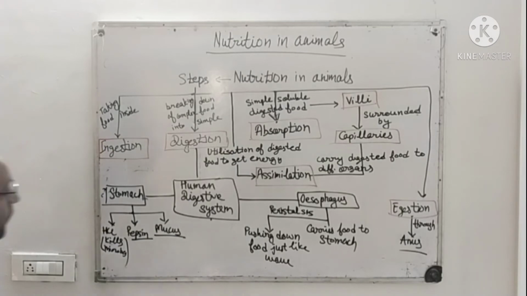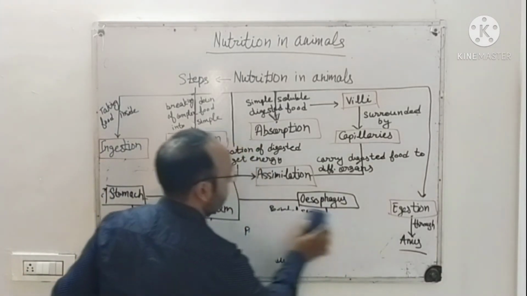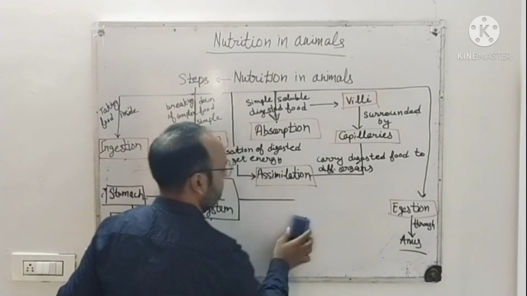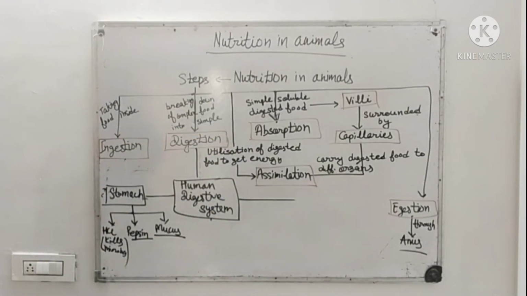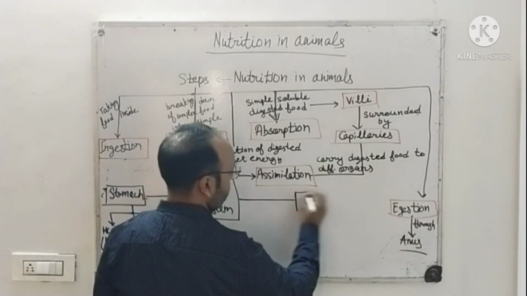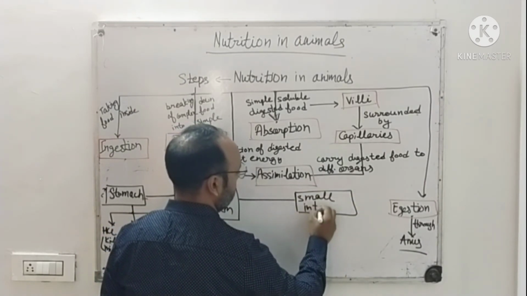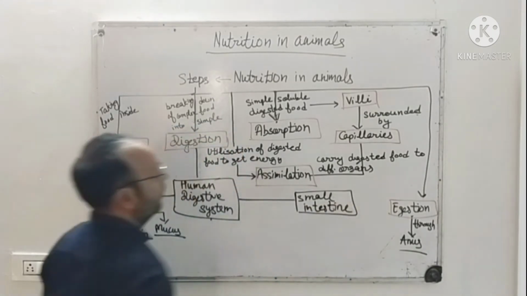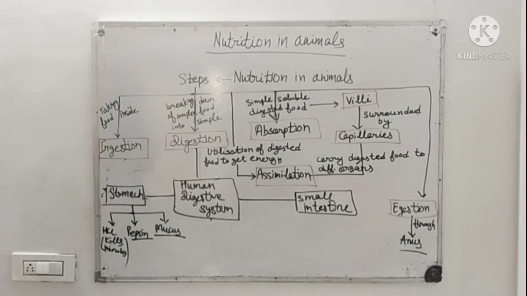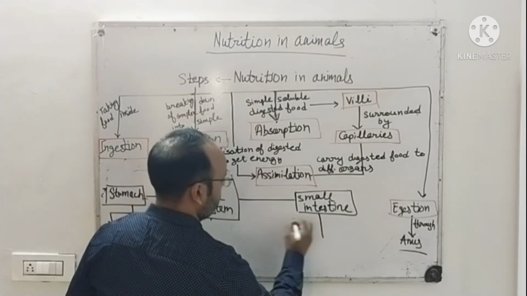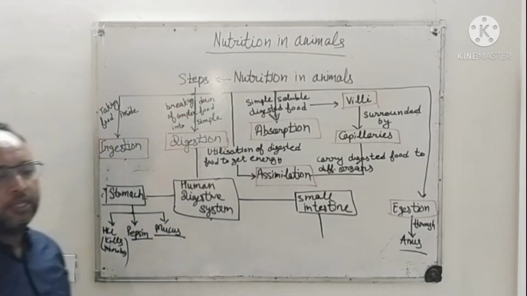Okay. Now after this, the small intestine. From the stomach, the food will enter the small intestine. In the small intestine, secretion of intestinal juices takes place.